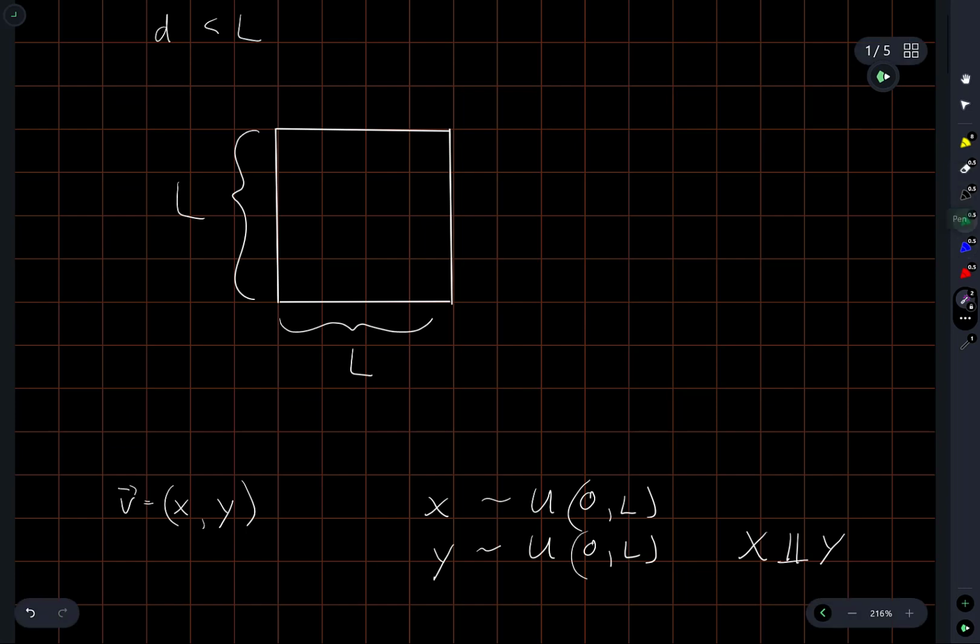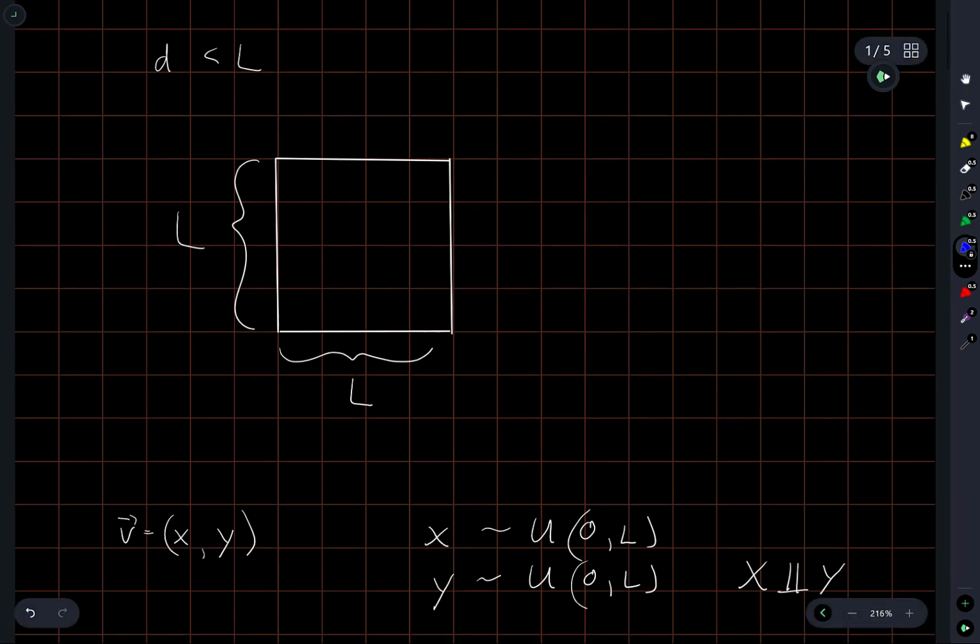And that's going to be a region which looks something like this. I'm going to draw this on the grid sort of, but of course the exact shape of this is going to depend on the exact sizes of D and L. Okay, so we'll have a quarter circle here, followed by a straight line segment.